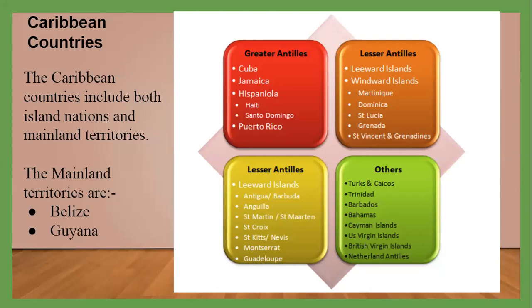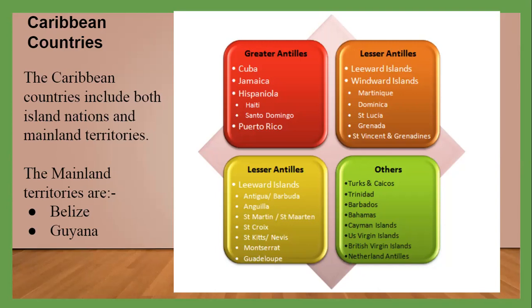They are mainland territories. Hence, it is important that in defining the Caribbean, you use the term territories and not islands, because there are some countries that are not islands and they are a part of the Caribbean.